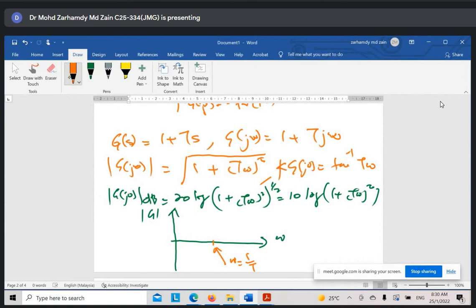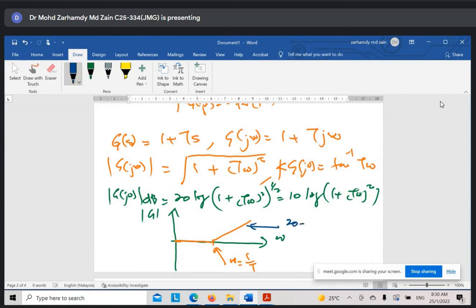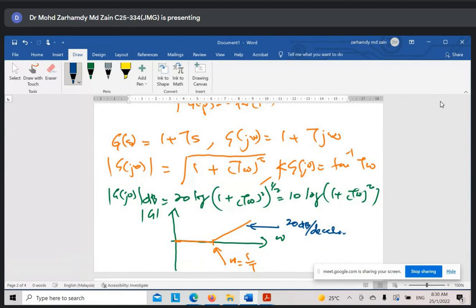So from here, this kind of system will look like this: we start from 0 until we have the breakpoint or corner point 1/T. So it will go to somewhere macam ni with gradient. Kena ingat tu, this gradient is 20 dB over decade. Kita ada 4 category of subsystem: 1/s, s, 1/1 plus ts, and also 1 plus ts.